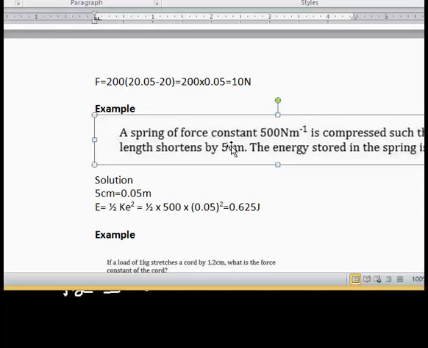So whether it is shortened, it is still distortion. Shortening, compression, extension is still distortion. So both compression and extension are the same. The question was the energy stored in the spring. So the force constant of the spring is just 500 Newton per meter. Now we are looking for the energy.